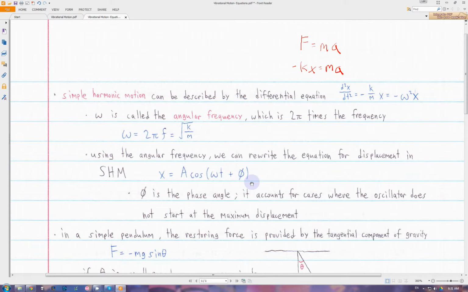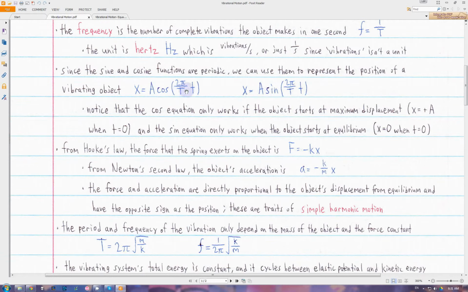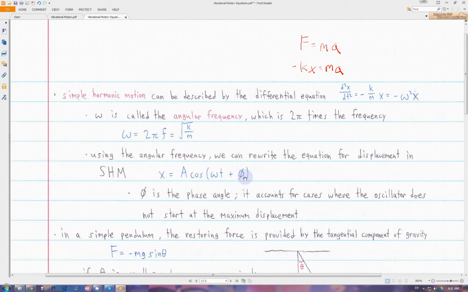And this is to account for the cases where the object does not start at the maximum displacement or the equilibrium. Because remember here we had to have two equations depending on where the object started. So here, if we just use the phase angle, we can only have one equation, and we just change the value of the phase angle to match wherever the object starts.